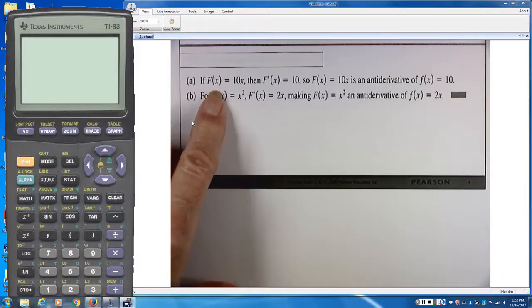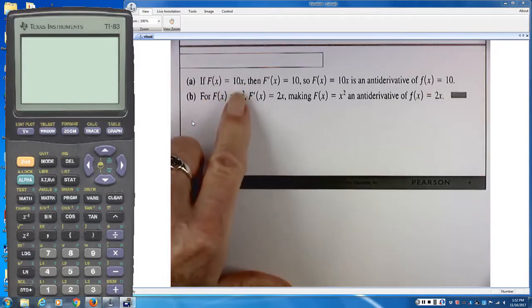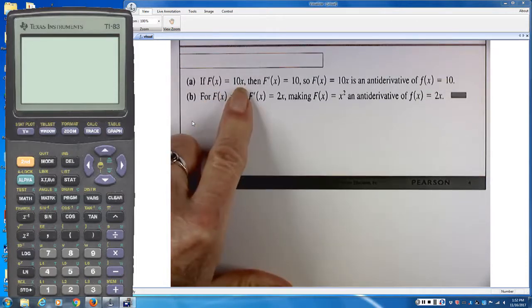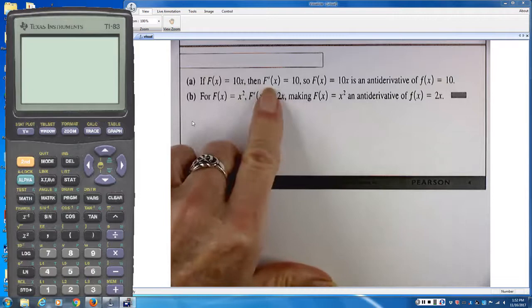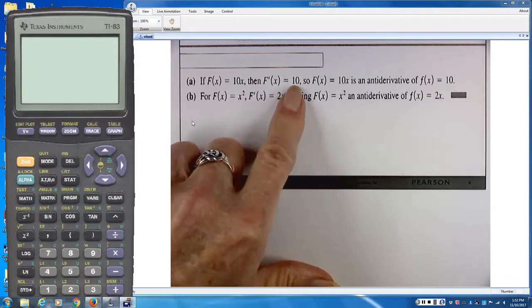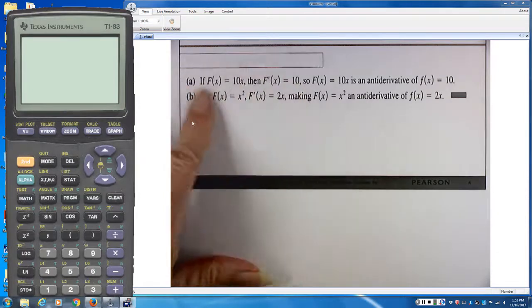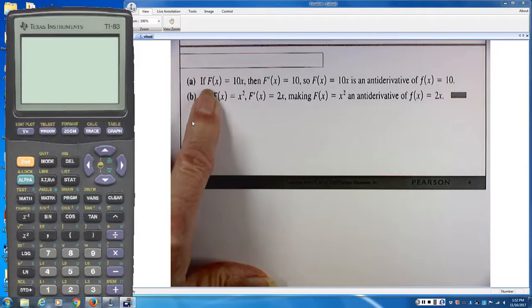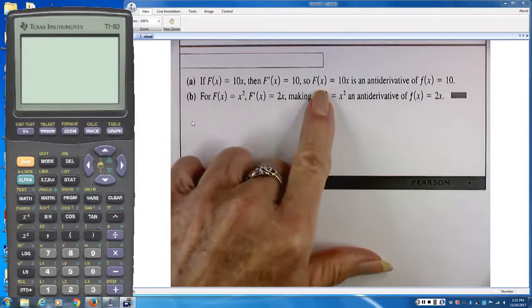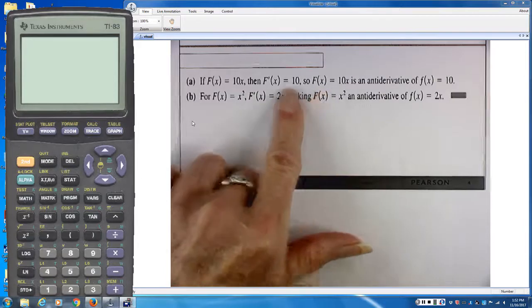So if capital F of x, meaning it's an antiderivative, is 10x, and then f prime of x is 10, what does that mean that capital F of x was? Its parent function, if you want to think of it that way. Well, that means that F of x is something that had a slope of 10.